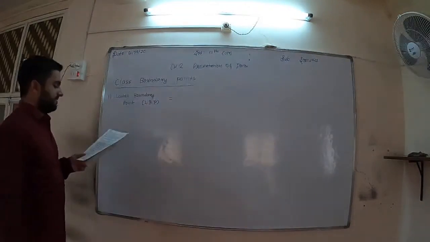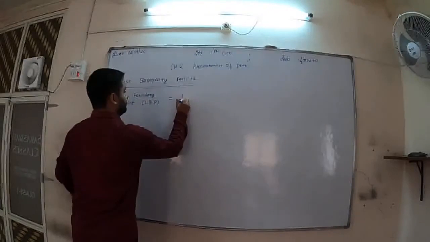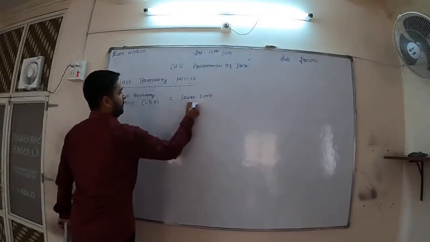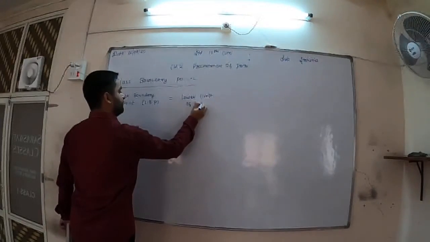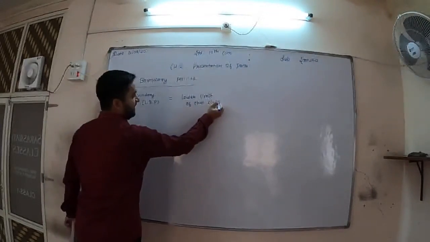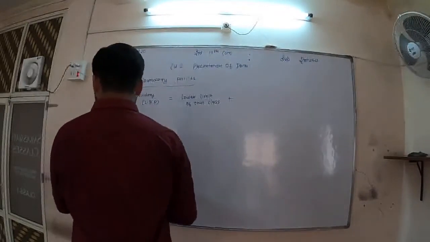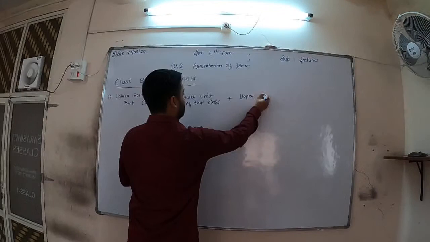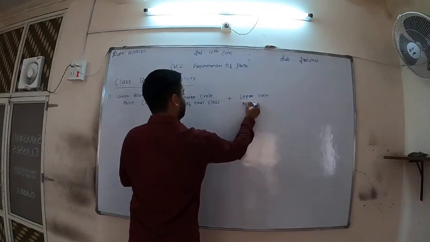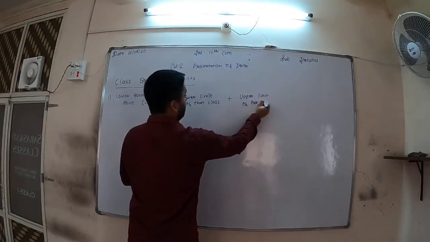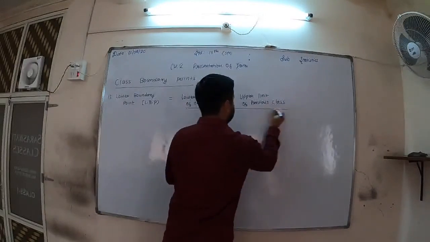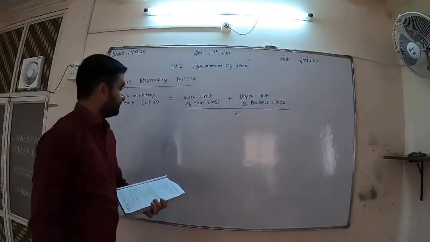Lower boundary point is equal to the lower limit of that class plus the upper limit of the previous class, divided by 2.